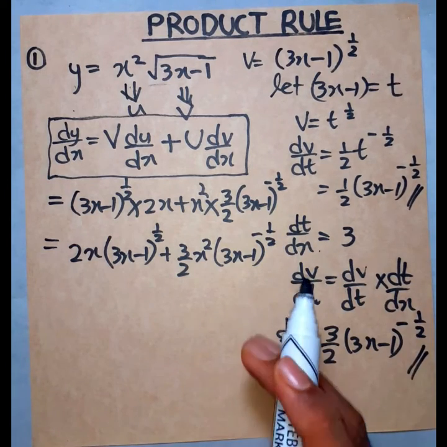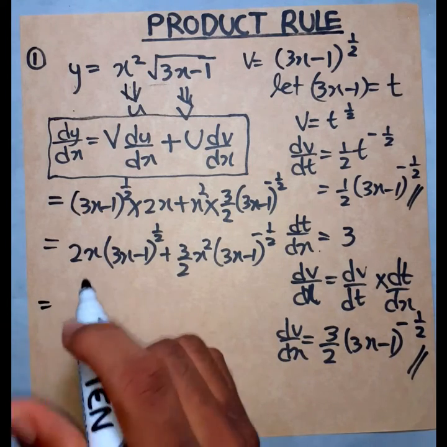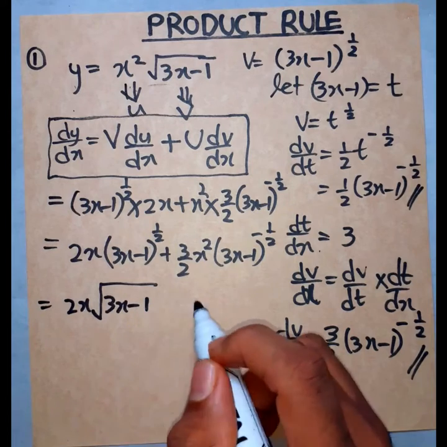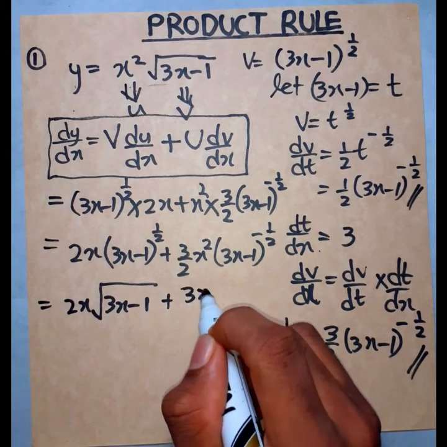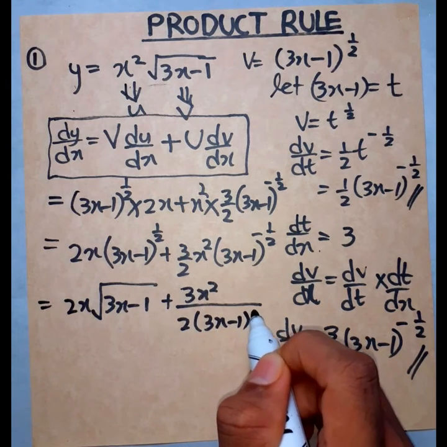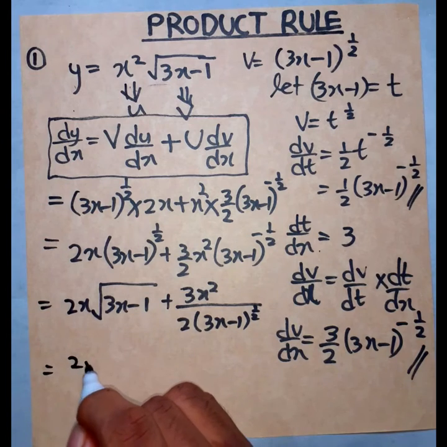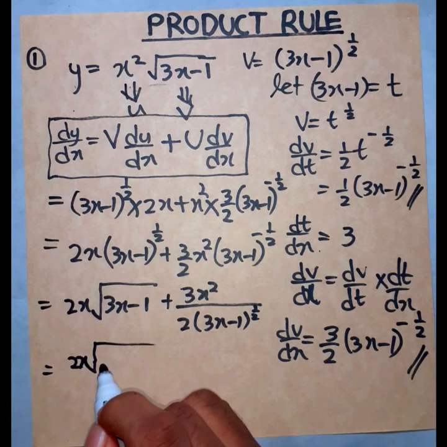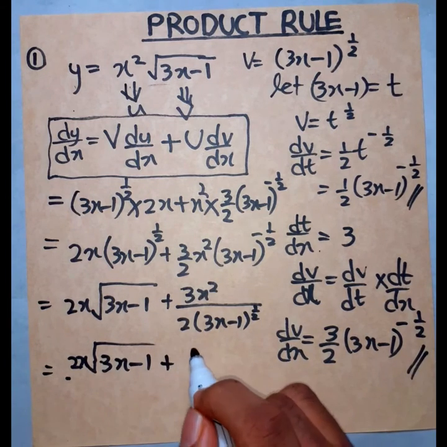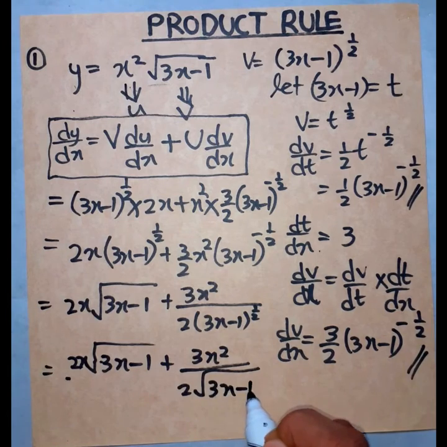So now we can take some factors out of this, so we can write this as 2x root 3x minus 1 plus 3x squared divided by 3x minus 1 to the power half. So this we can write as 2x root 3x minus 1, and this plus 3x squared divided by 2 root 3x minus 1.